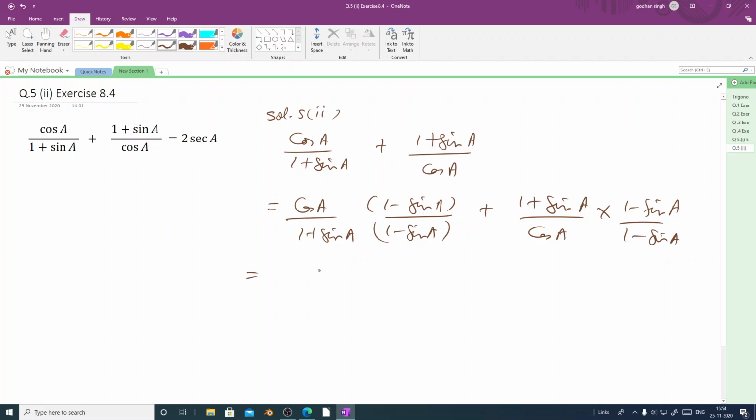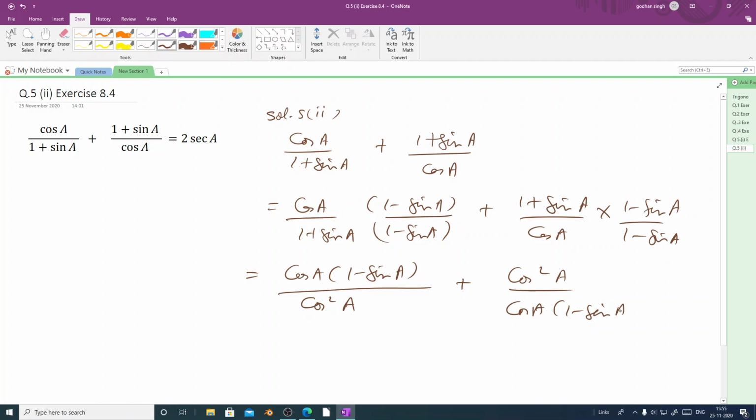So equal to what we can get is cos a into 1 minus sin a over 1 plus sin a into 1 minus sin a. So that will be cos square a, and plus 1 plus sin a into 1 minus sin a, that is cos square a, over cos a into 1 minus sin a.